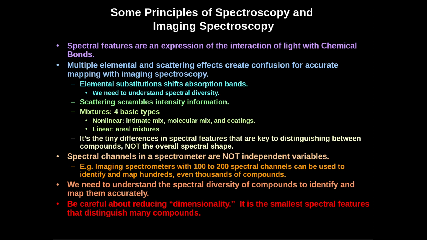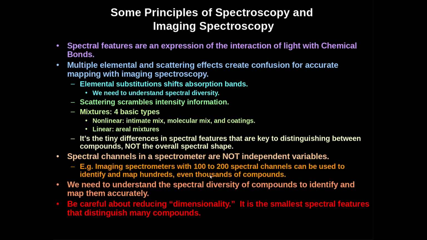In the scattering environment, you can't tell a difference between that and a complete molecular mix. There are conditions where different chemical bonds occur, but for the most part, at the resolutions that we typically use with the imaging spectroscopy tools available today, we don't see those effects. And then there are coatings, for example, desert varnish on rocks.